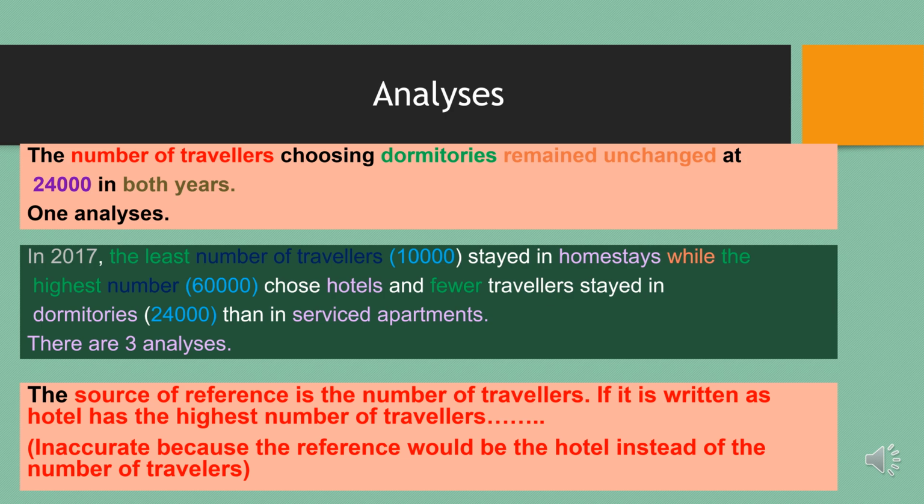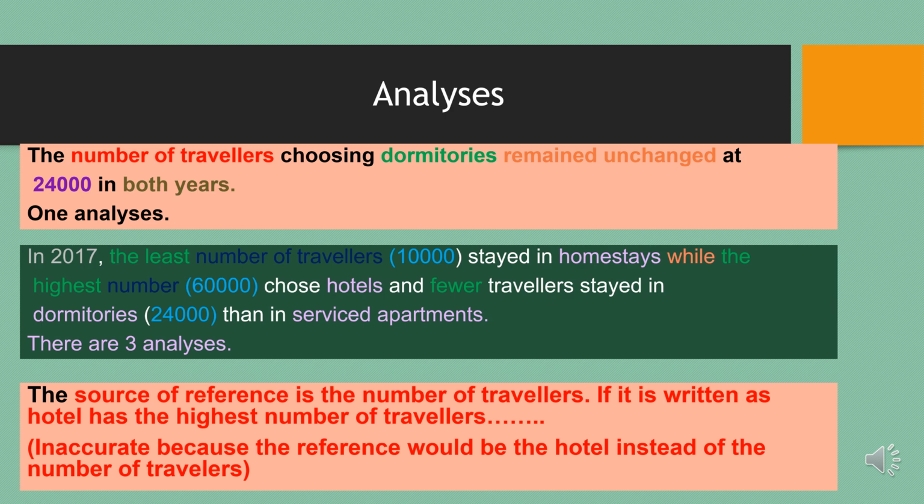Next sentence. In 2017, the least number of travelers, 10,000, stayed in homestays, while the highest number, 60,000, chose hotels, and fewer travelers stayed in dormitories, 24,000, than in service apartments. So here we have three analyses.